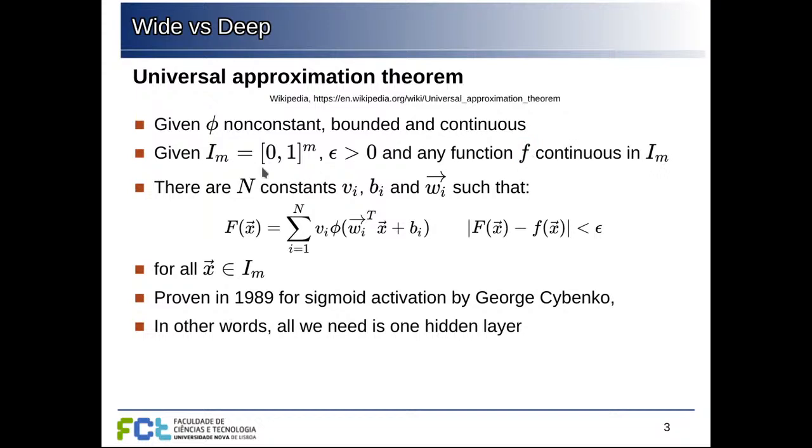This function f is continuous in some volume. So this is a hypervolume of a hypercube of side 1 in some dimensional space, and the number of dimensions here corresponds to the number of dimensions of the function we want to approximate.